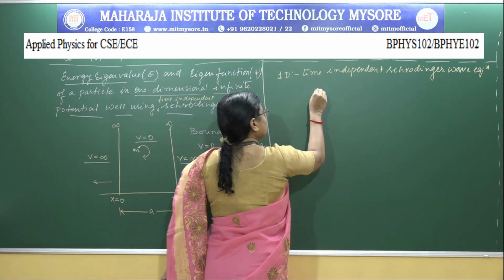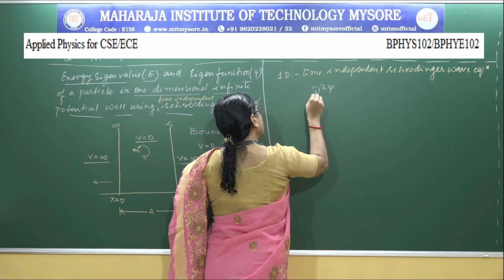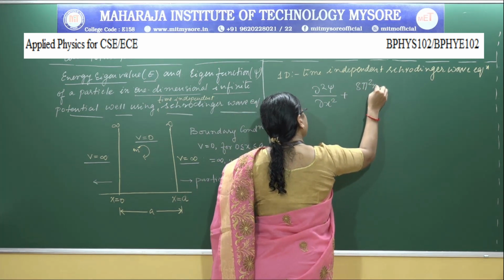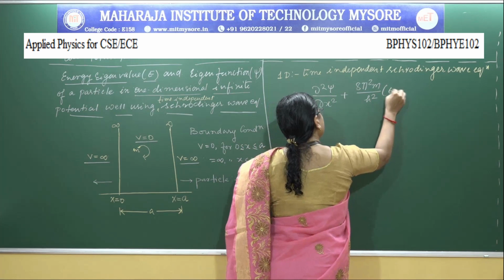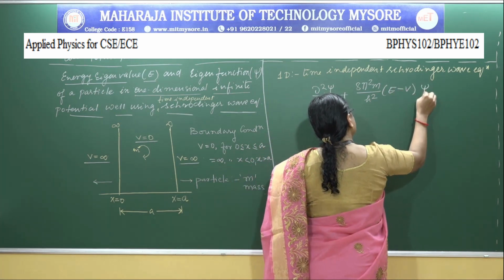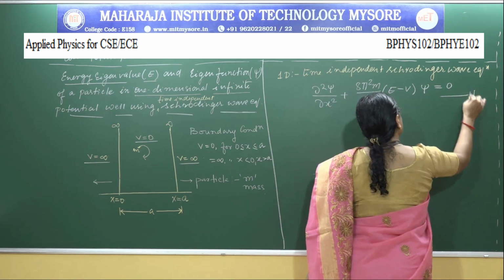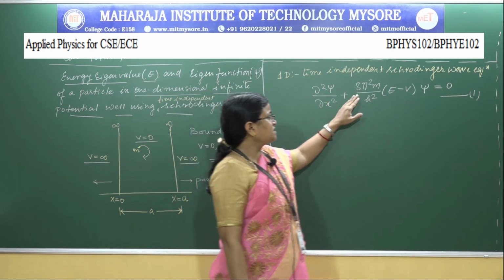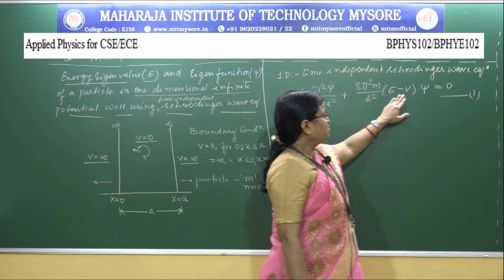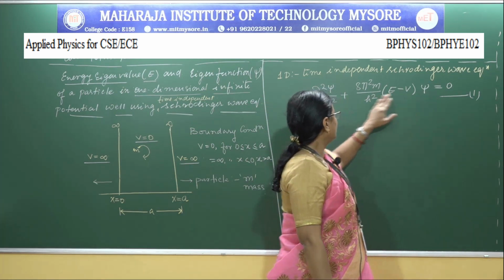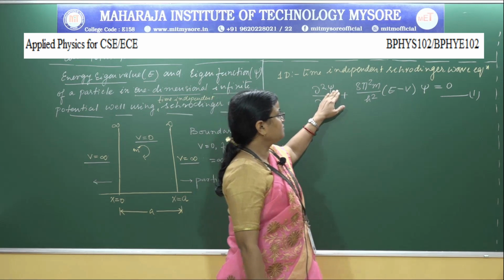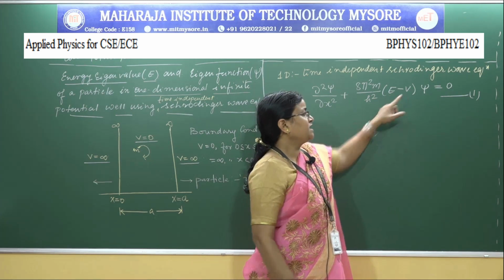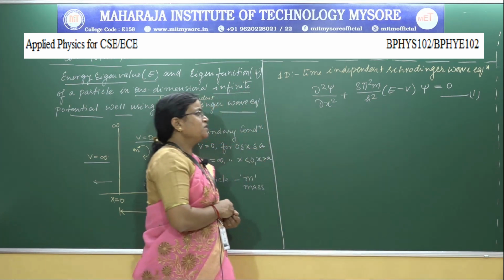It is dou square psi by dou x square plus 8 pi square m by h square into E minus V psi is equal to 0, where psi is the wave function, m is the mass, h is Planck's constant, E is the total energy and V is the potential energy of the particle.